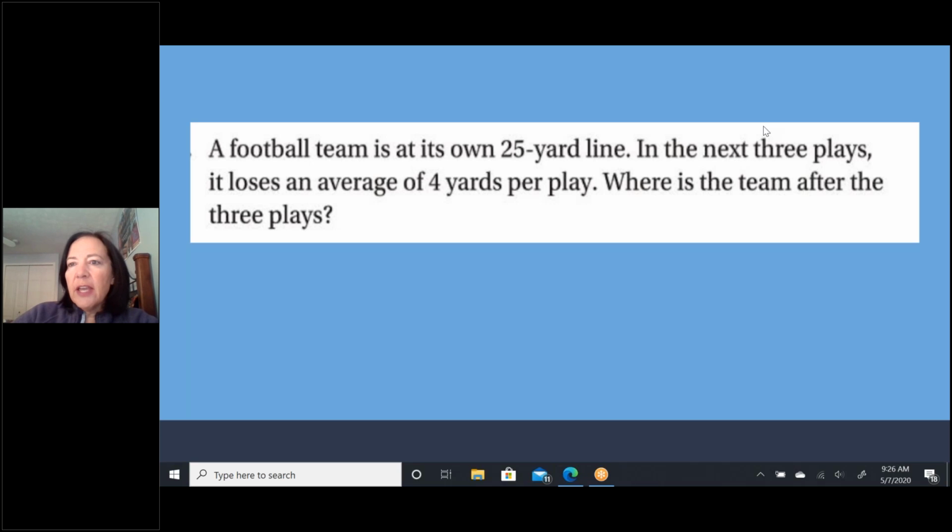Tashana, you tell me, do you want to try to work it on your own and then we'll compare answers? Or do you want to go through it with me? I can try to do it on my own.